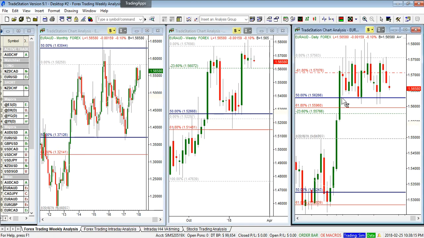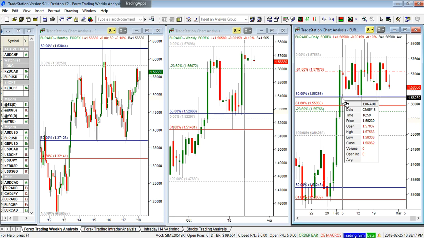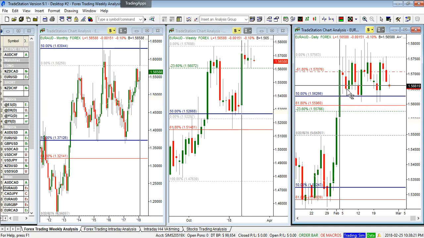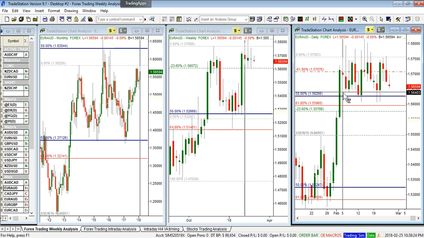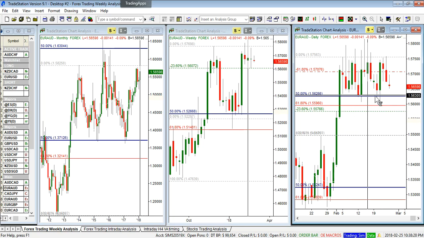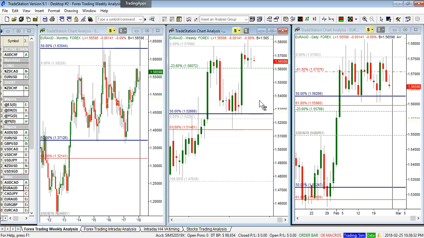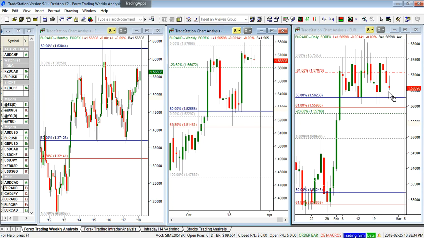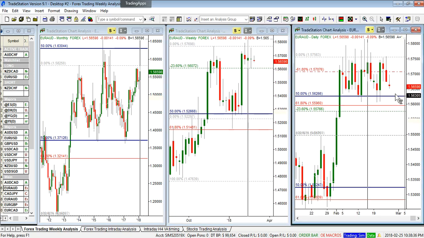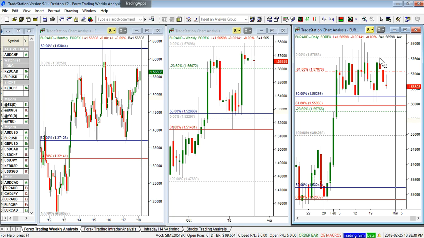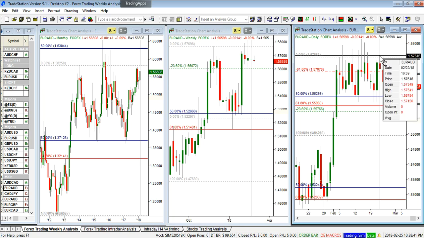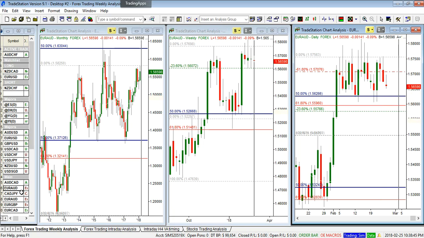In the last 2 weeks we have held that 126.26 that we were able to identify in its first test back at the beginning of February, and this level has been tested 3 times now, 1, 2 and 3, and this week it could be tested another time. So again, when we let these levels that are tested multiple times hold, the market moves to the upper bound, and that could be an opportunity for a quick trade.